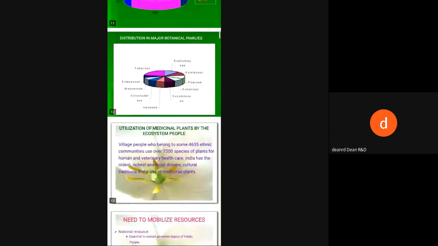The distribution in major botanical families, you can very well see, mostly Fabaceae, Euphorbiaceae, Asteraceae, Poaceae, Rubiaceae, Cucurbitaceae, Apiaceae, Convolvulaceae, Malvaceae, and the solanaceous species. These form the major part of our medicinal plants.